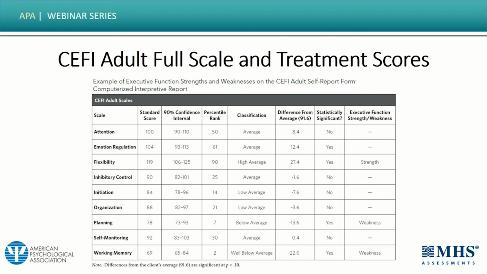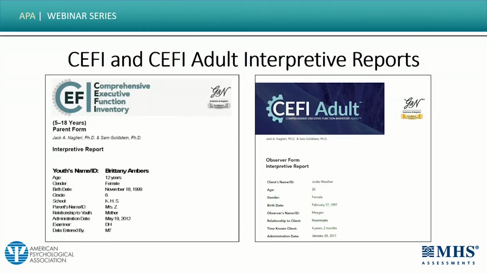But any one of these in and of themselves is not going to be sufficient. You need a collection of them before the total score is low enough to say that there's an overall executive function failure.